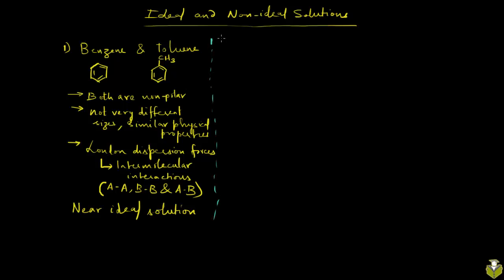That of acetone and ethanol. So let's see what we know about these molecules. Acetone has a carbon double bonded to O and then two methyl groups, and ethanol looks like that with the OH group.